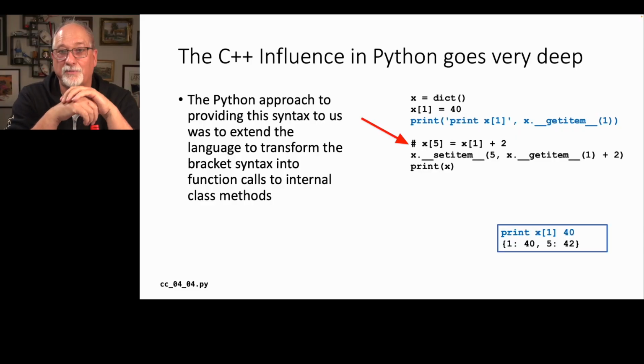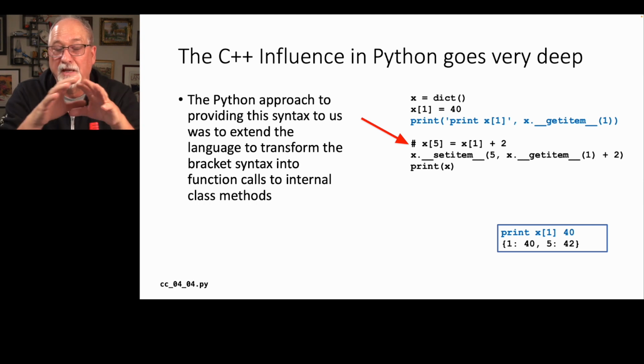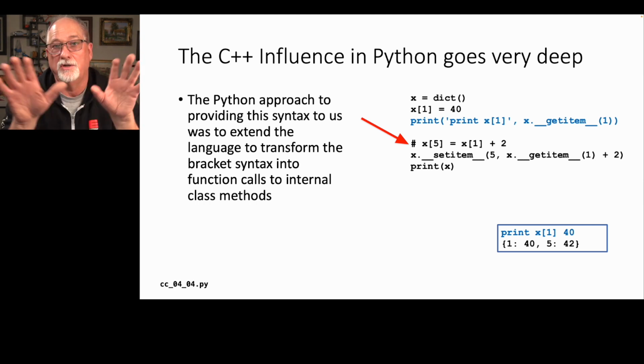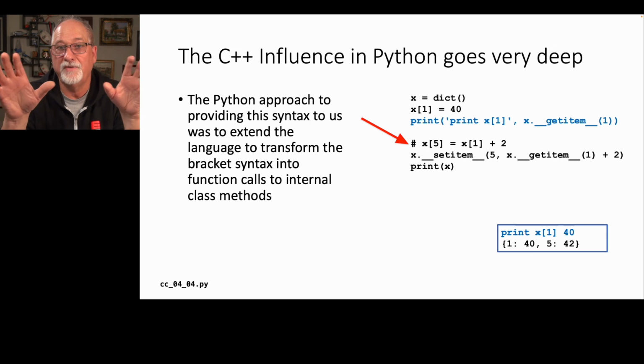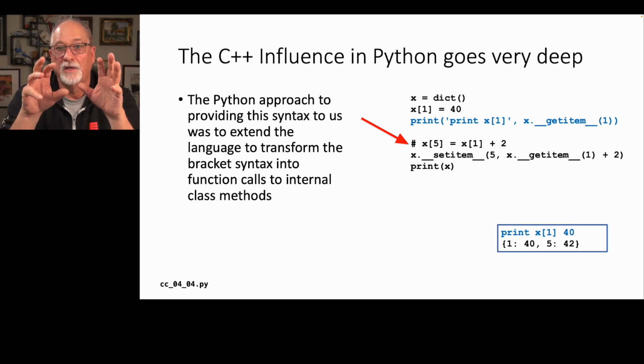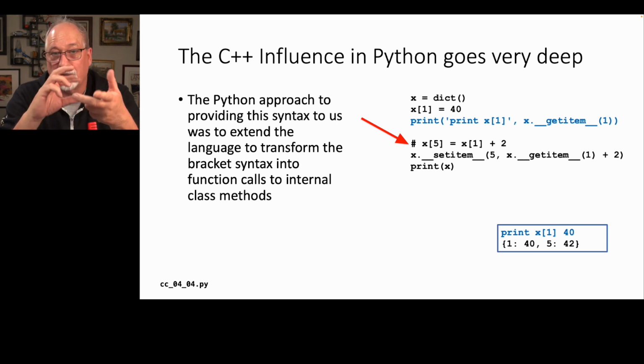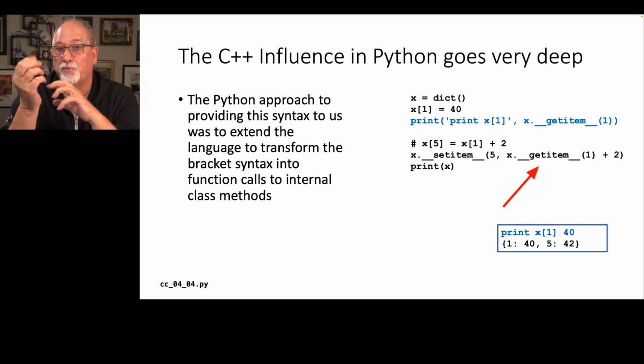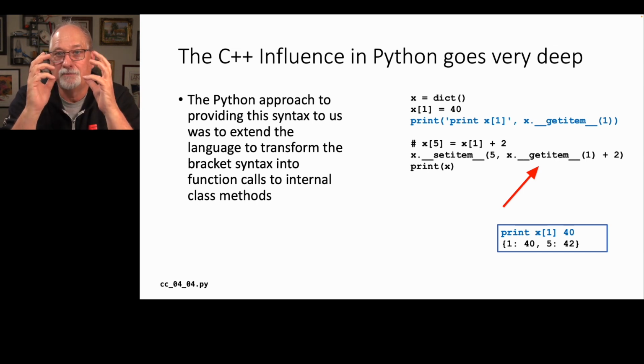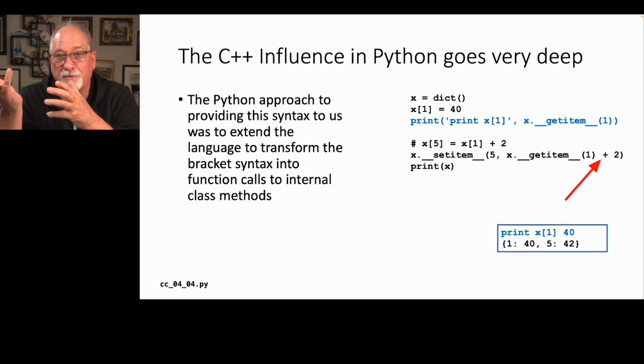So if we go down another line and we say X sub 5 equals X sub 1 plus 2, seems simple enough. And literally for years, Python software developers don't even need to know that this is miraculously and beautifully complex. But what this translates into at runtime by compiler syntax transformation is the X sub 1 on the right-hand side turns into X.getItem(1), which pulls up the 40, and then plus 2 gets added to it.